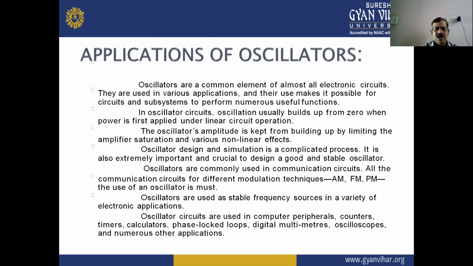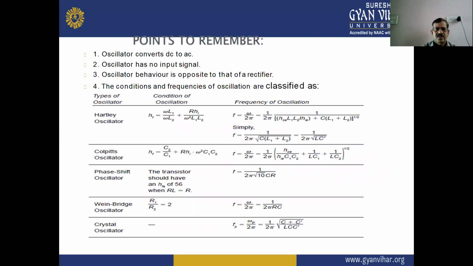Oscillators are used as a stable frequency source in a variety of electronic applications. Oscillator circuits are used in computer peripherals, counters, timers, calculators, phase lock loops, PLL, digital multimeters, CRO, and numerous other applications.